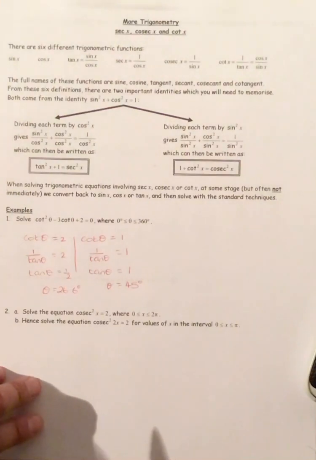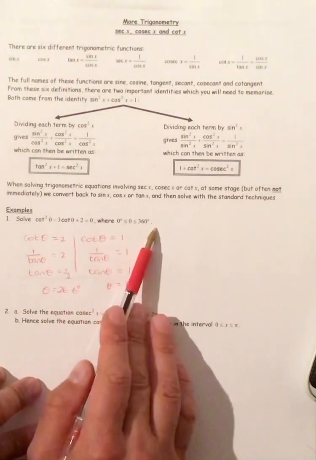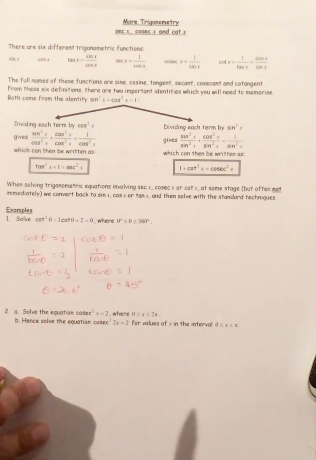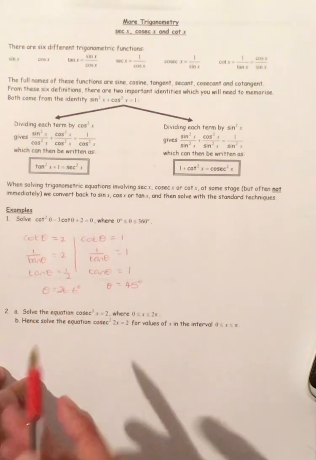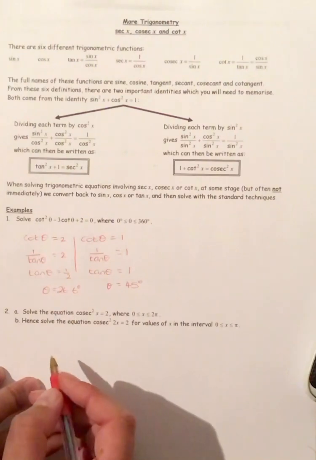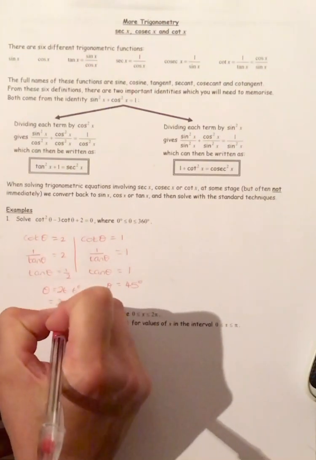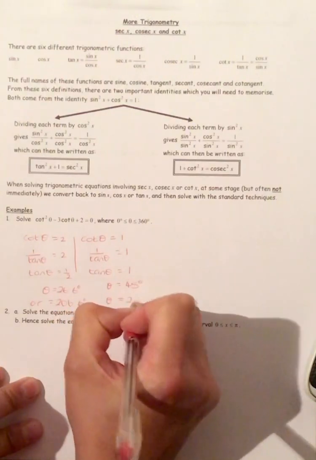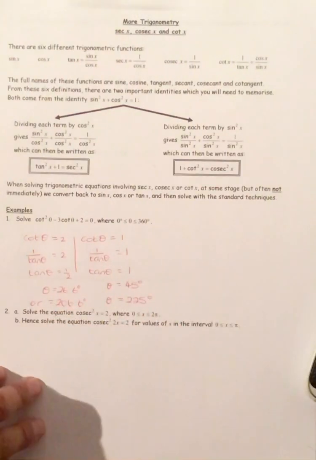Remember to get all of the answers within your range. We're working from 0 to 360, and tan repeats itself every 180 degrees. So I can add 180 to both of those answers to give me all 4 possible roots of the equation.